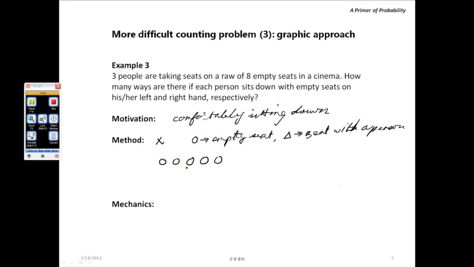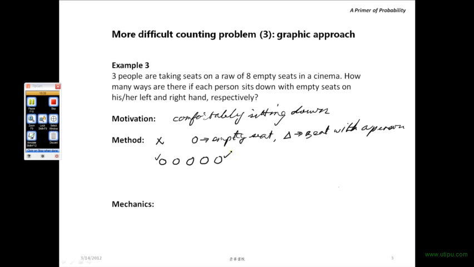Our task is to insert the 3 triangles standing for seats with persons one by one into the 5 circles standing for empty seats. The first triangle cannot be inserted into the far left and far right, because there must be empty seats by the triangle's left and right.